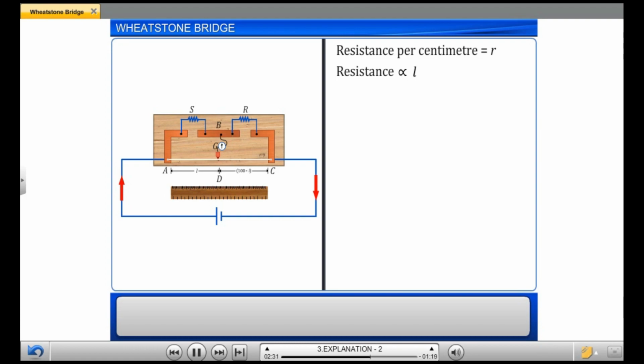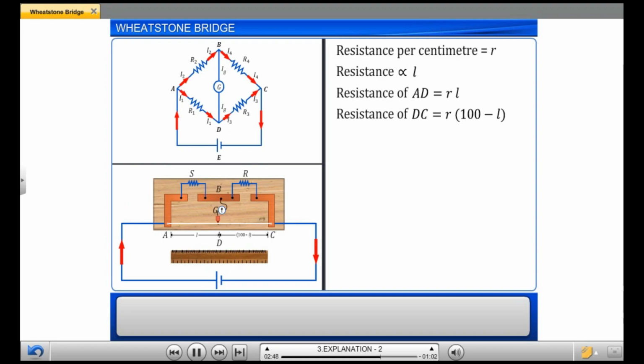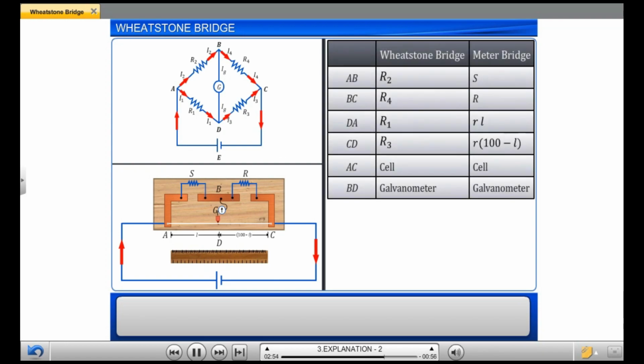Thus, the resistance of the AD part of the wire is equal to r into L. And the resistance of the DC part of the wire is equal to r into 100 minus L. The Wheatstone bridge and meter bridge circuits are very similar. The table shown gives the comparison of resistances between the Wheatstone bridge and the meter bridge.